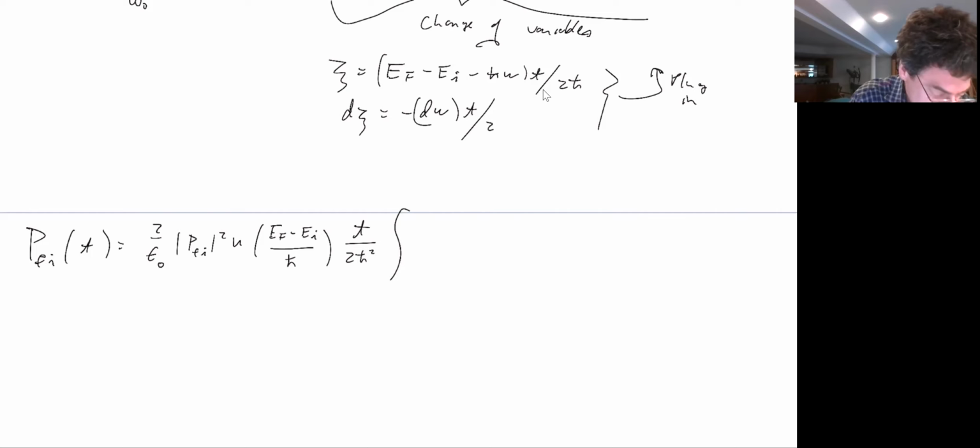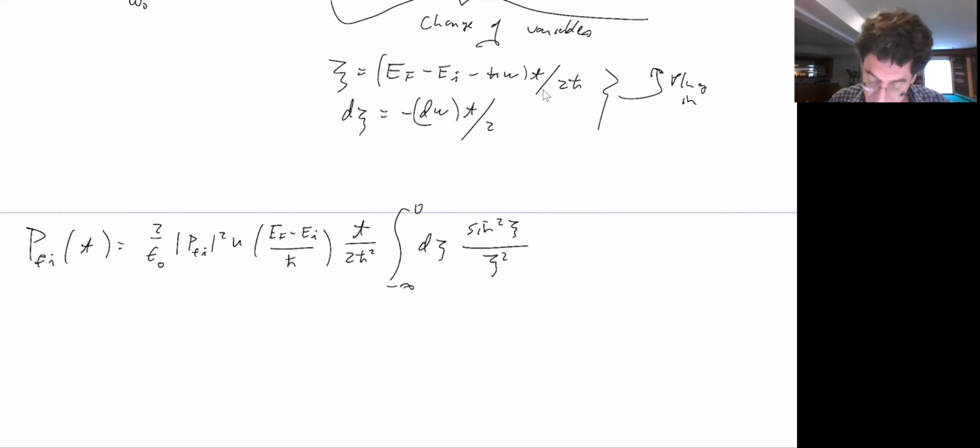We have this integral, and because of the change of variables, it's actually ever so slightly tricky. It's not that tricky, but this is the integral when we do everything carefully: sine squared c over c squared.